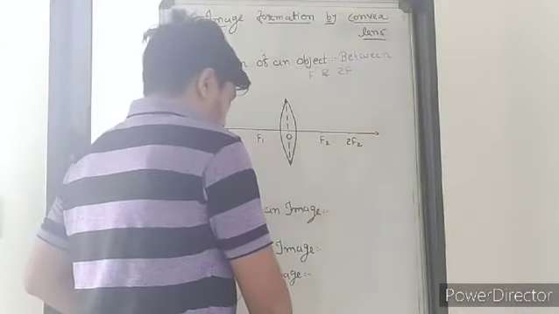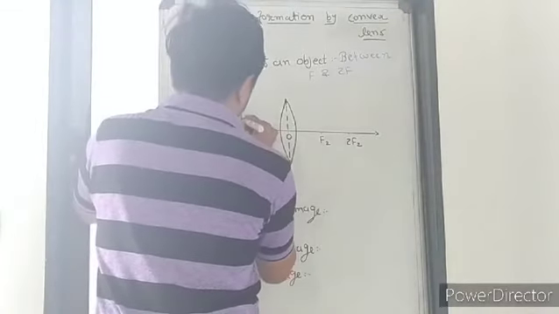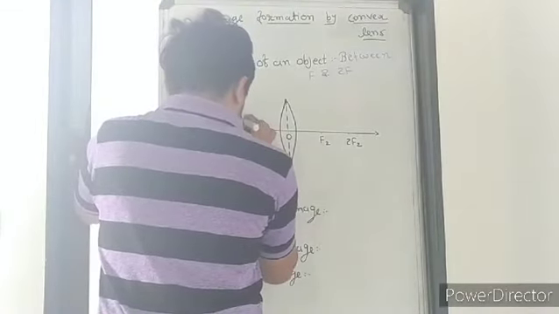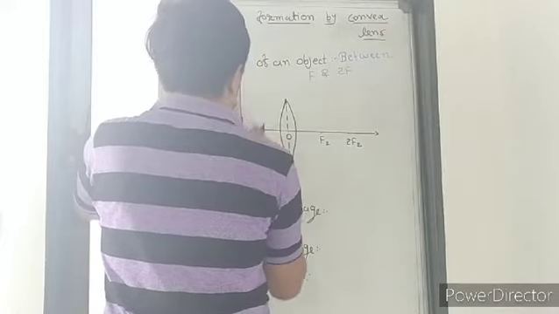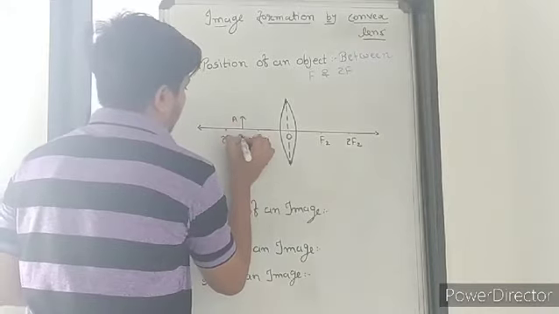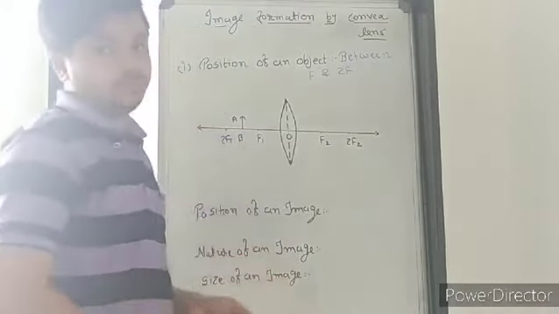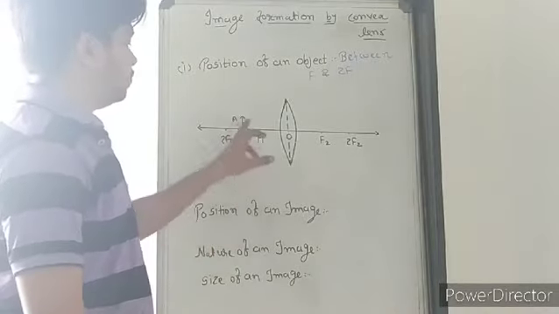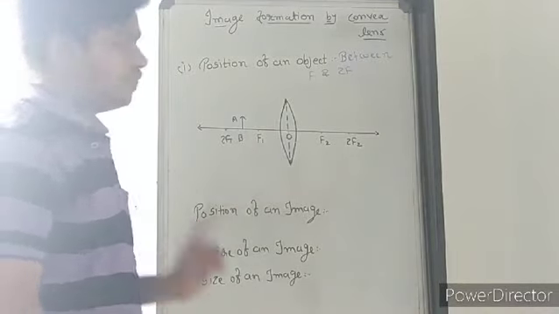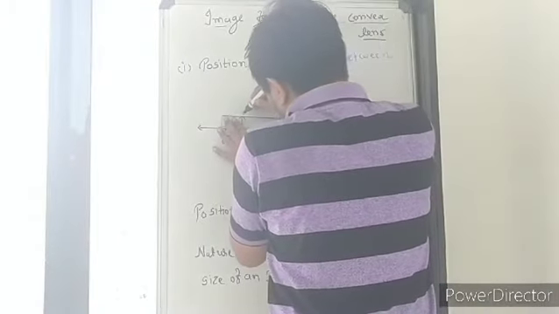Now the object is in between F and 2F, so here it is the object. I am giving it the name A, B, and as I have said to you, for forming an image we need one point, A. The first ray is parallel to the principal axis.